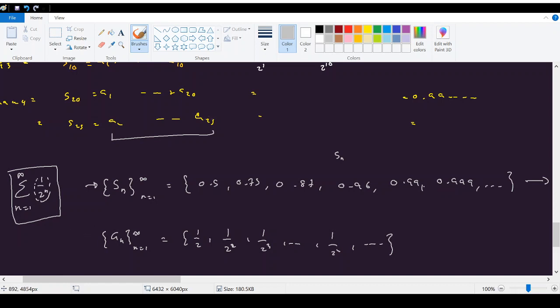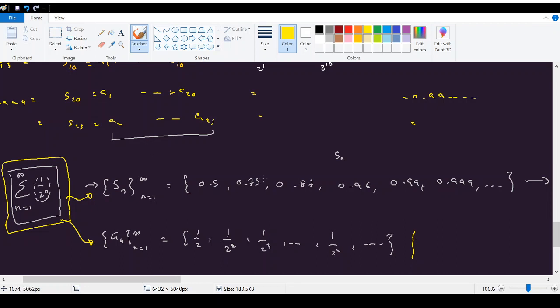So simply when you have a series, there are basically two sequences that we can extract. One is the sequence of the terms in this series, that is this one. The other one is the sequence of partial sums, which we obtain by the addition of the first n terms.